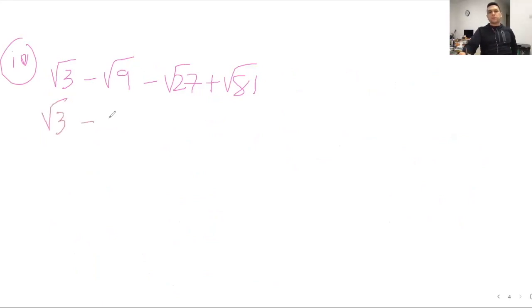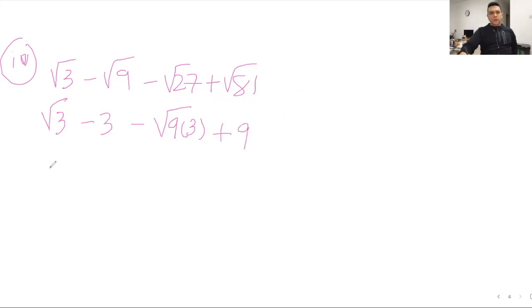This would be 3, this would be 9 times 3, and the square root of 81 is 9. Obviously 9 times 9 is 81. I don't know why I was overthinking it.